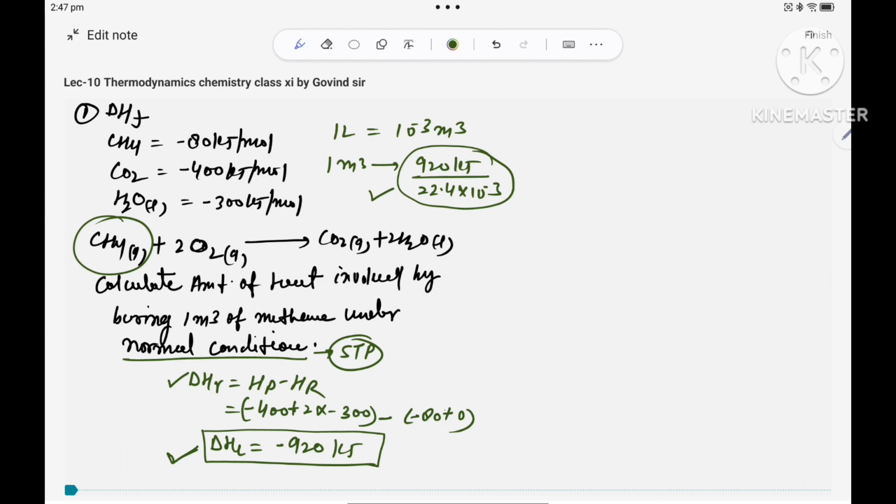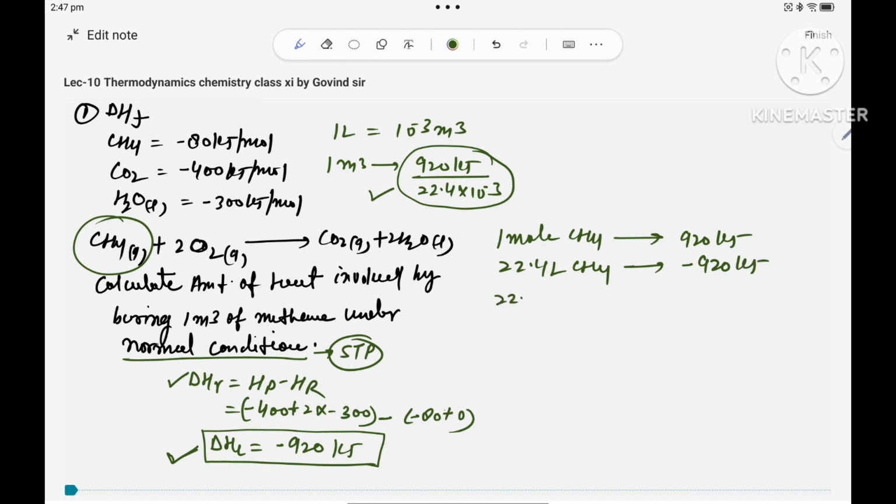See, listen: 1 mole CH4 produces 920 kilojoule energy. So 22.4 liter of CH4, which is 1 mole in the case of gas, gives minus 920 kilojoule.